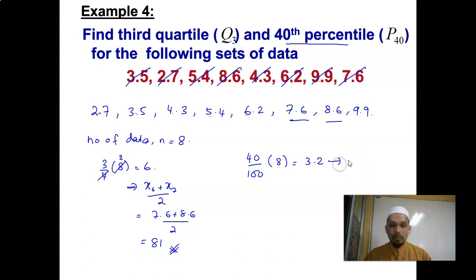Round up to 4. Which is not an integer here, so P40 equals the fourth observation, 1, 2, 3, 4, equal to 5.4.